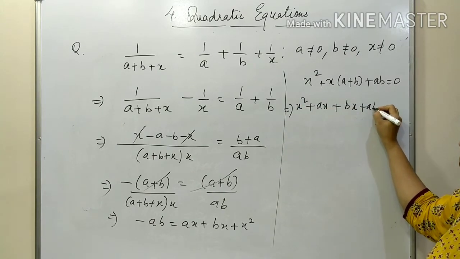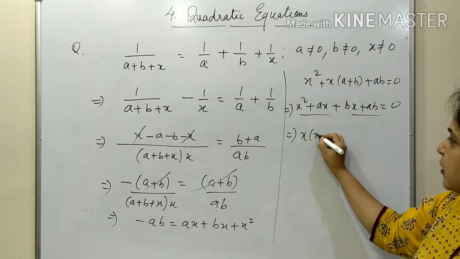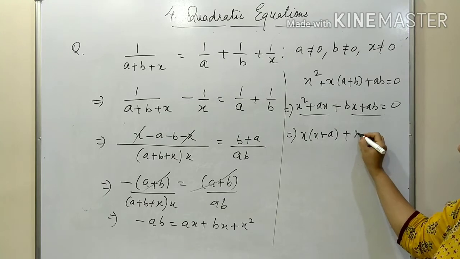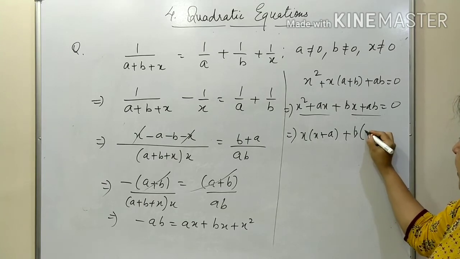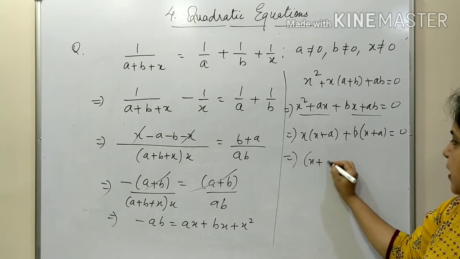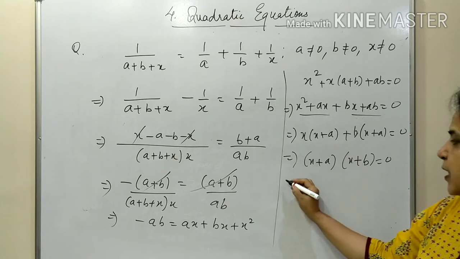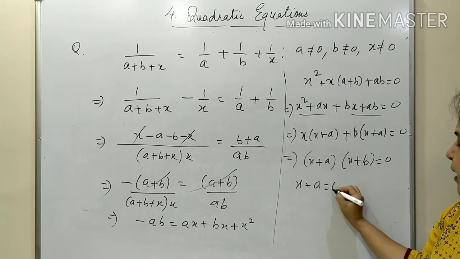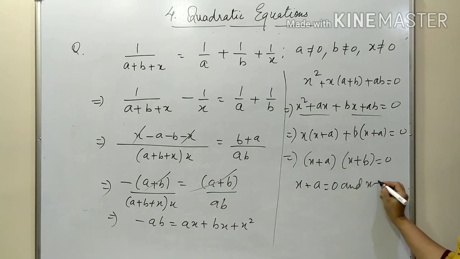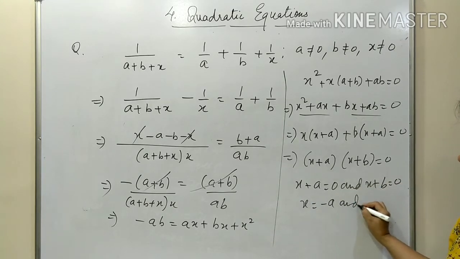Taking two terms together, x common, x plus a; here b common, x plus a. So we can take x plus a common, x plus b here. Taking each factor as 0, you will get the two roots: x equals minus a and x equals minus b.